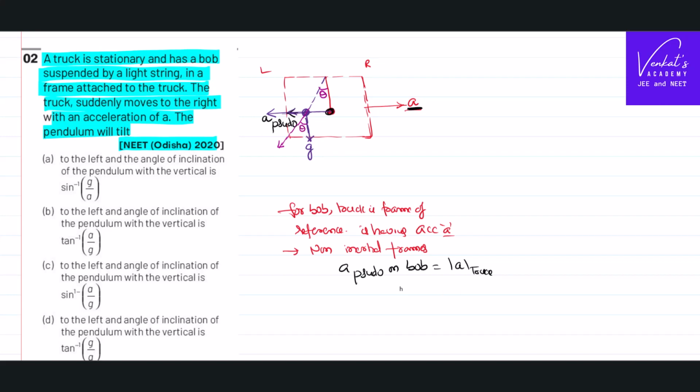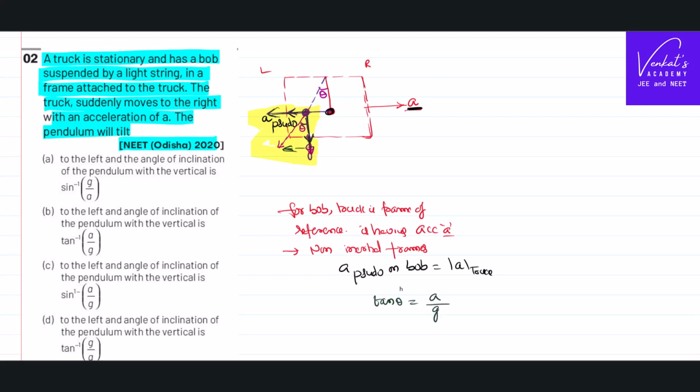So here in this part of the triangle, you can write tan theta. This is theta. Tan theta means opposite side by adjacent side. This opposite side is nothing but acceleration, and the adjacent side is nothing but gravity.